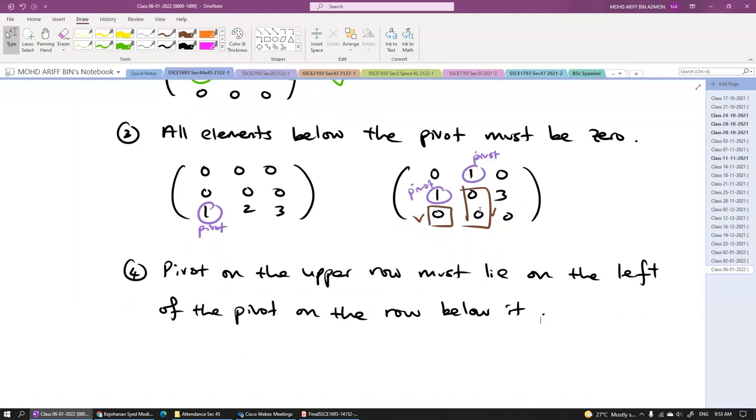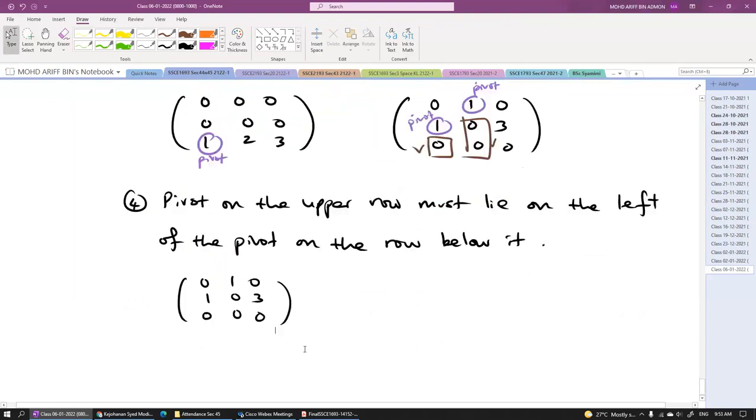So for example here, we know that the first row, first column is our pivot, and in the second row, this is our pivot. Now we compare the position between these two pivots, first row pivot and second row pivot. They mention that the pivot on the upper row must lie on the left.